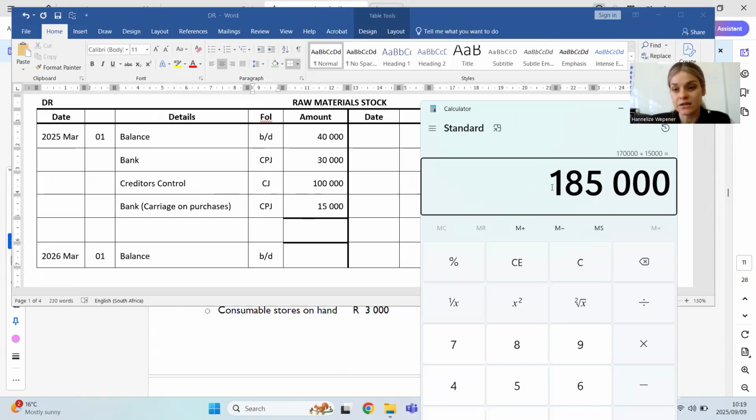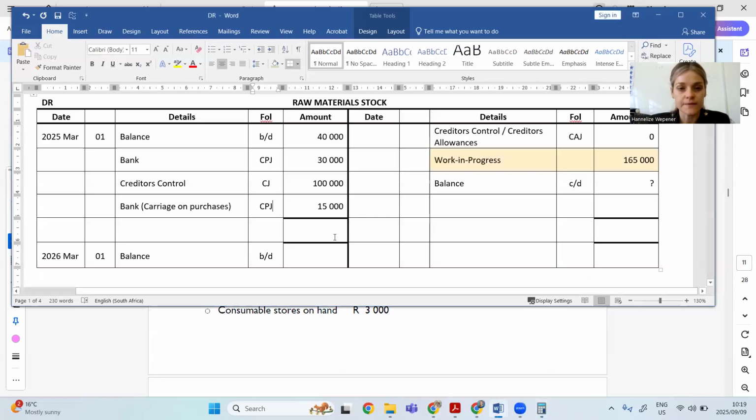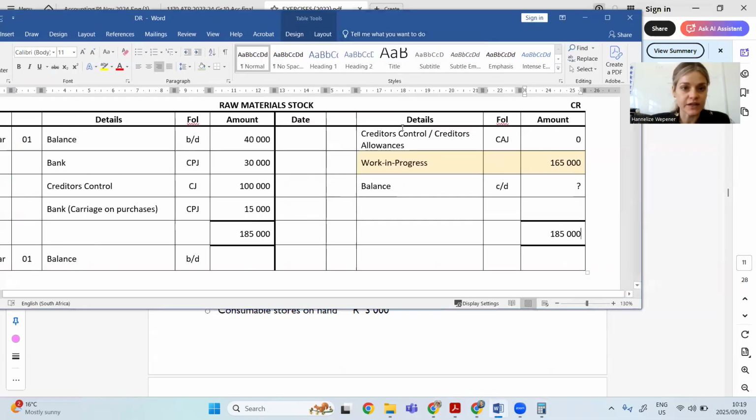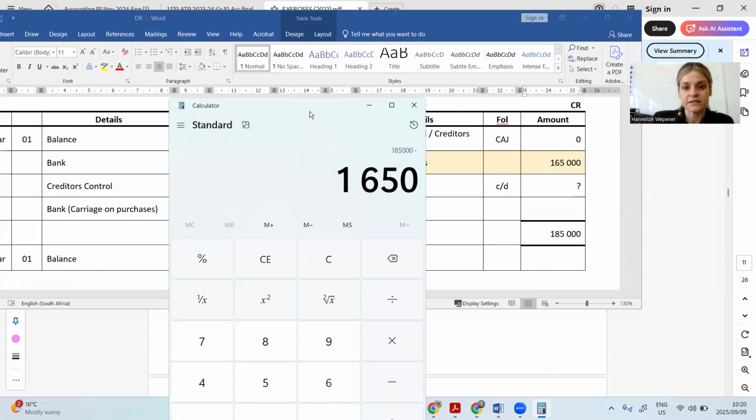That's why you should study your ledger accounts, just to know what goes into your ledger accounts. So 185,000 is the total. If I'm looking at the credit side, the only missing figure is my raw material stock at year end. So I take the total and I subtract what I already have on the credit side.